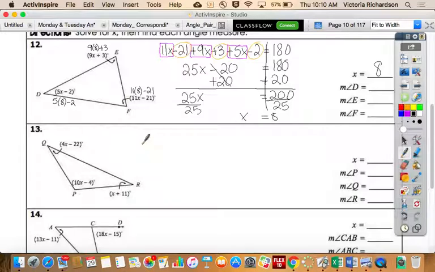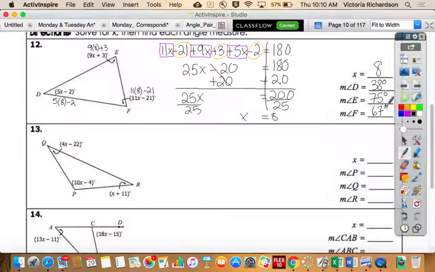So I used my x equals 8, and I replaced every single x with an 8. And now I'm going to work those out. And when I do that, angle D is 38 degrees. Angle E is 75 degrees. And angle F is 67 degrees.